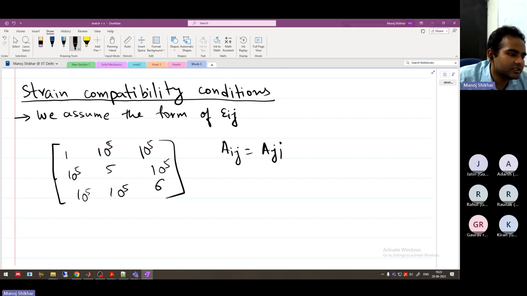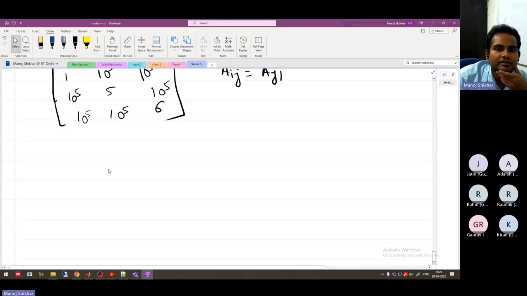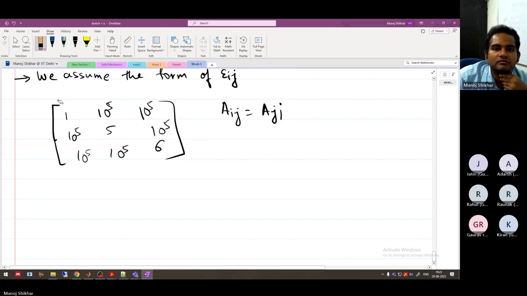I will just give you the strain compatibility equations directly so that we can move on to the problem I want to solve. So what are the strain compatibility conditions?